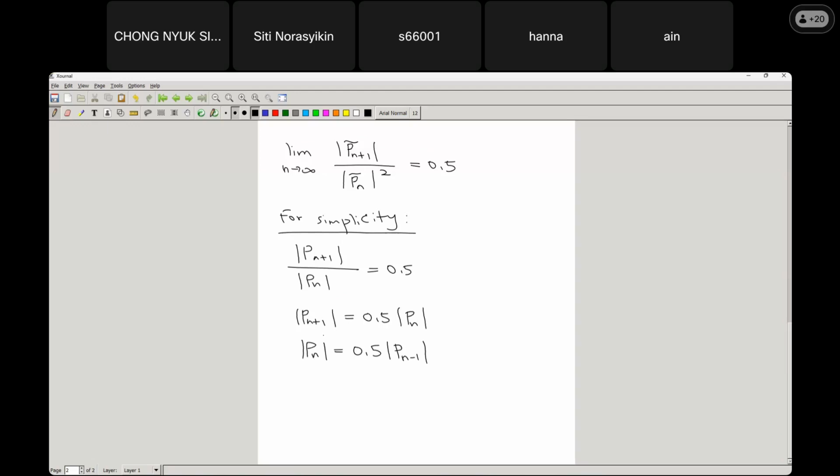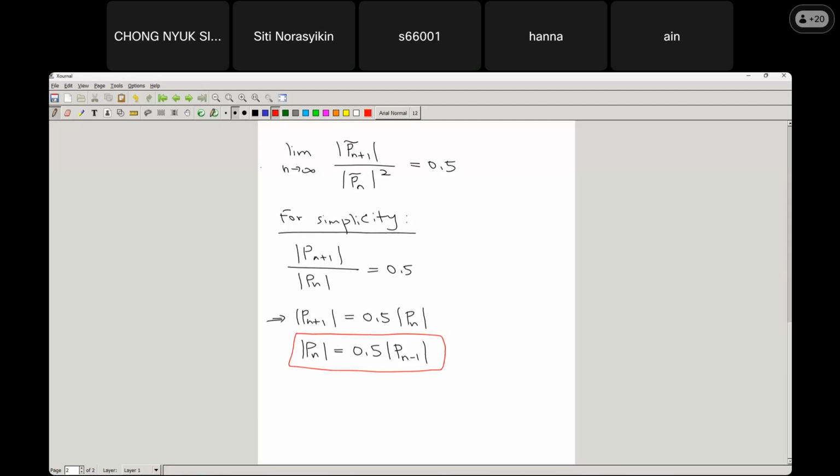These are the information that you can derive from this info. You see Pn+1 equal to 0.5 Pn. So what is Pn? Because you have n+1 minus 1, here you should have n-1. So you get this information. Let me put it in the red box.